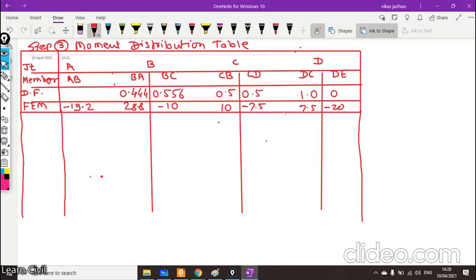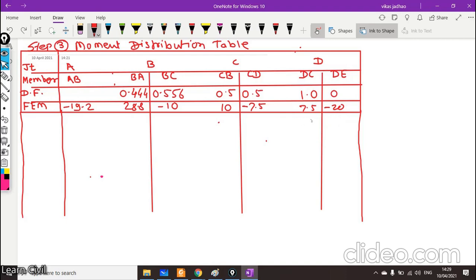Okay, for that you can see here we'll be having some unbalanced moment of minus 20 plus 7.5, that will be equal to minus 12.5. This is the unbalanced moment which is acting at joint D. So we have to balance this end support or simple support first.